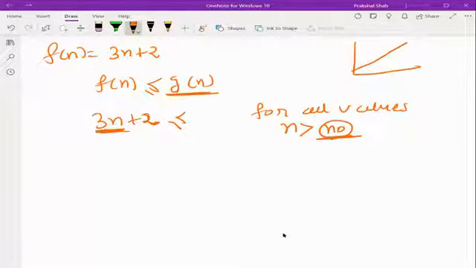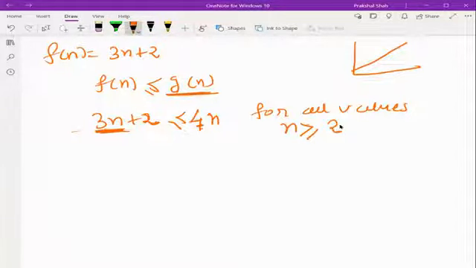It will always be of order n, but you need to find a constant so that it is always satisfied. I'll put 4; you need to find it by hit and trial method. And here the n naught would be 2. Now put values after 2.